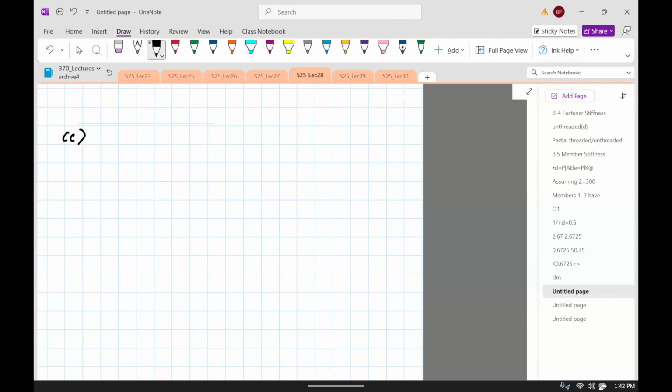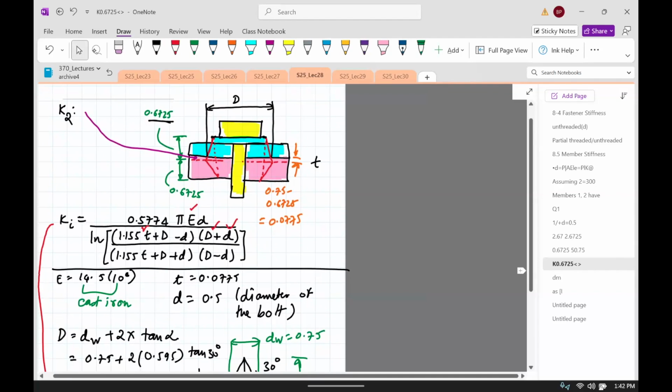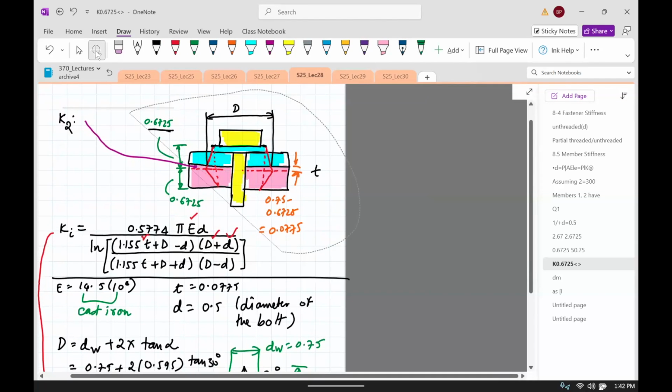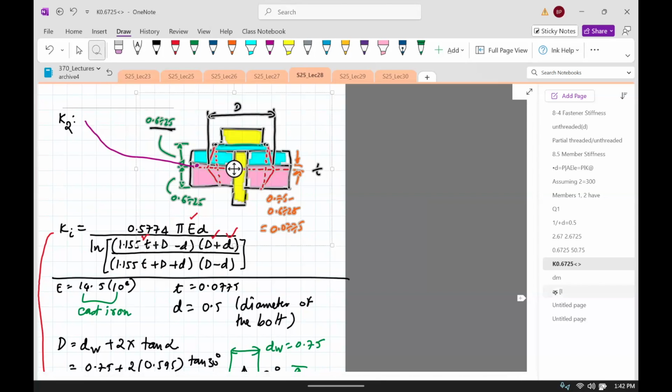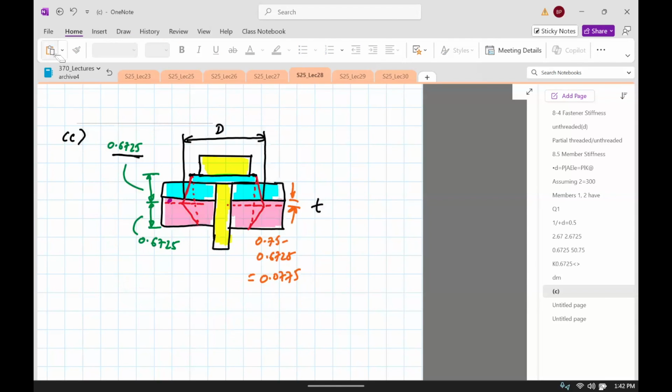So for part C, what it looks like is something like this. I'll just copy the figure. I can just repurpose that figure.